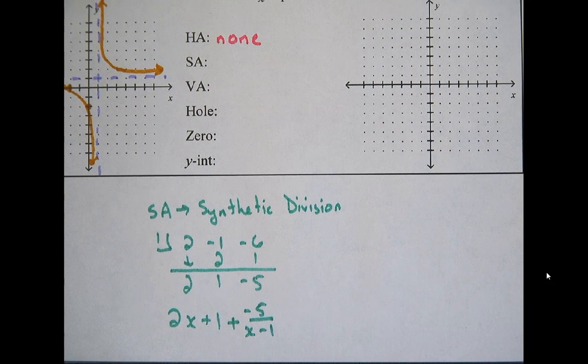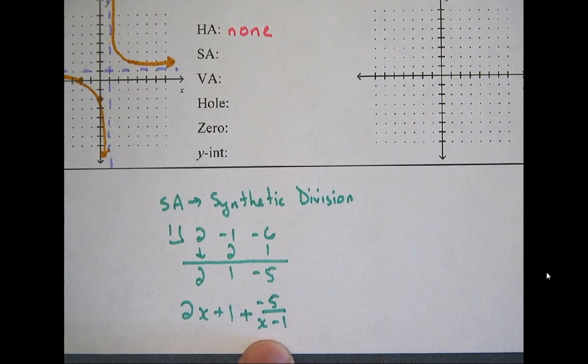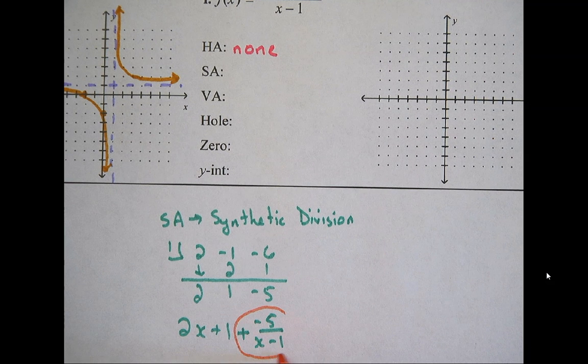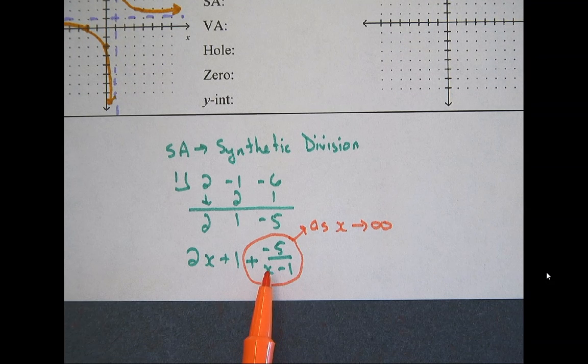Now, why is that important? Well, that's because we want to think about this in terms of going towards infinity. So if I take this term and I take a look at it as x goes towards infinity, if x is basically infinity, what's infinity minus 1?